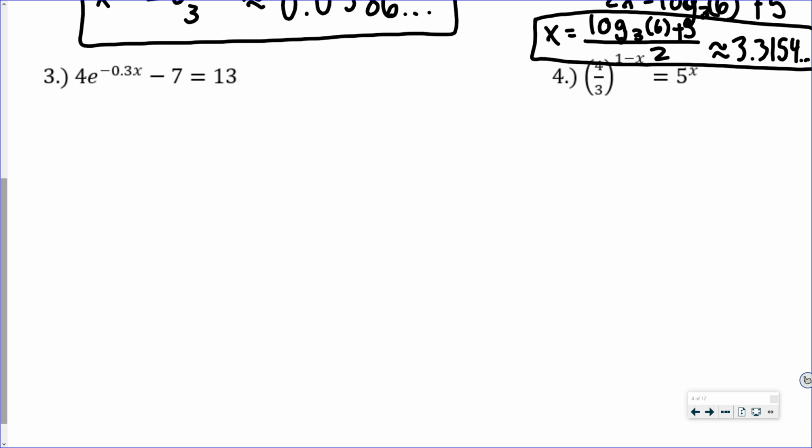Exactly. What would be the first layer we would take off? 7. Next layer. 4. You gotta divide by 4. And I definitely can't rewrite the number 5 using a base of E. So I'm gonna take the log base E of both sides, which is the natural log.